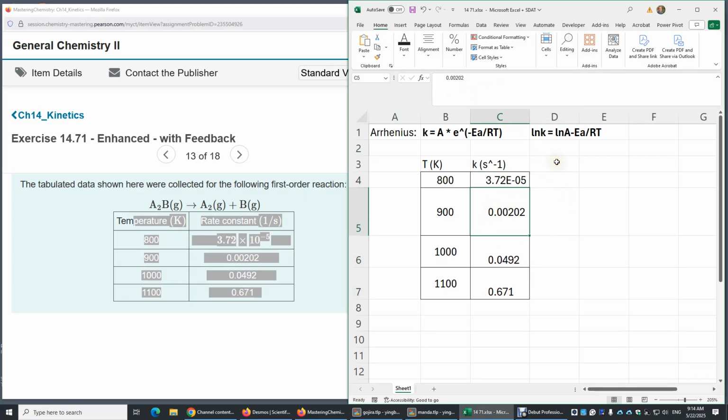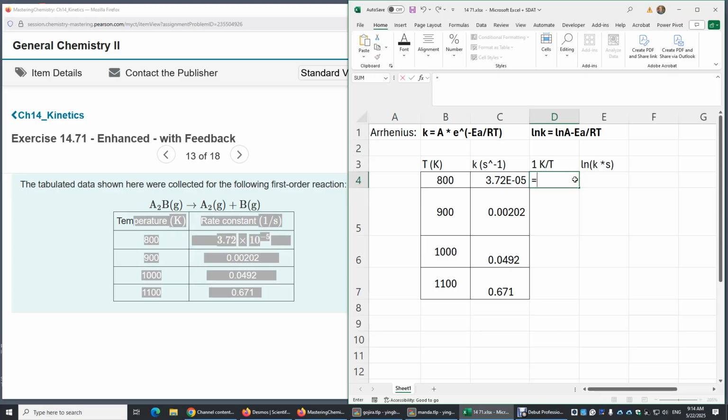Now what we need to do is have 1 over T as the horizontal axis. This one is in Kelvin to the power of negative 1, so sometimes people just write 1 Kelvin over T to make it unitless, and then Ln K here. But if you're careful, you want to do Ln K times second just to remove the unit before you take the logarithm.